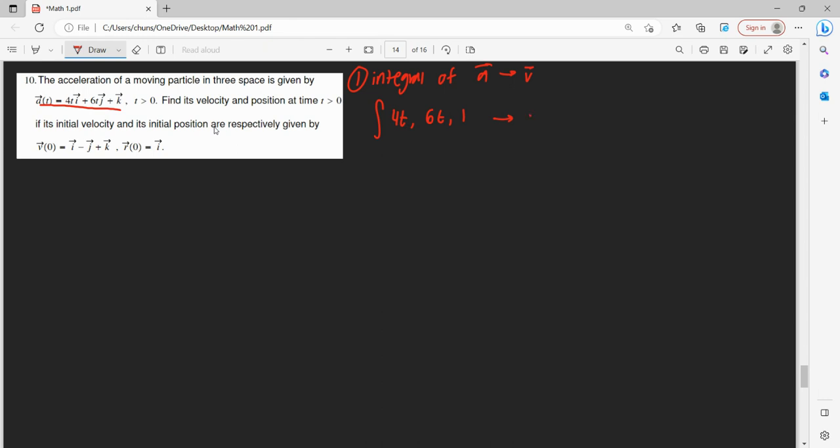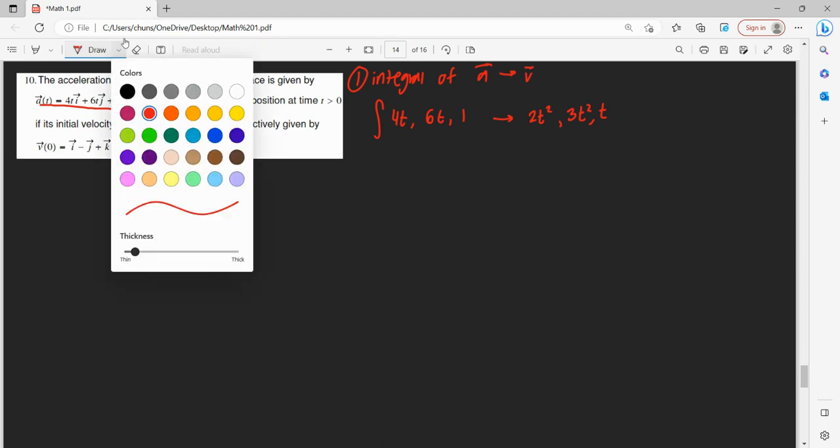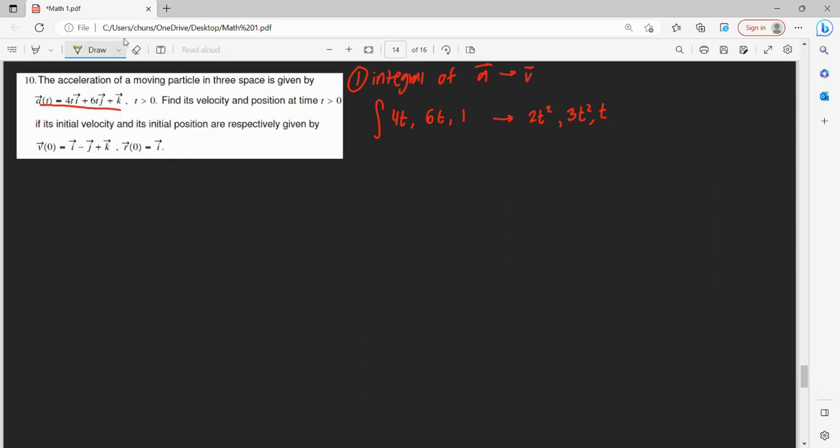Right? What does that look like? That is 2t squared. That is 3t squared, and then we have t, right? But since this is an indefinite integral, we also have this c here.